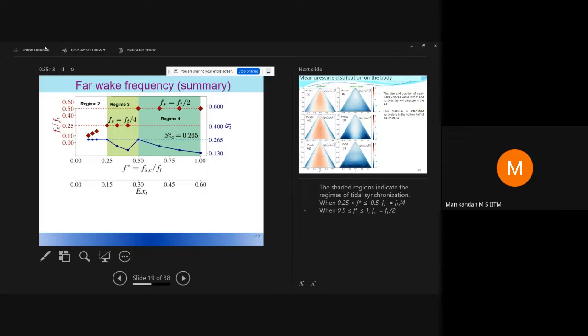If you have a two-dimensional thing, then the upstream boundary condition becomes a problem. But if you have a three-dimensional thing, as long as you are far enough, it's fine.